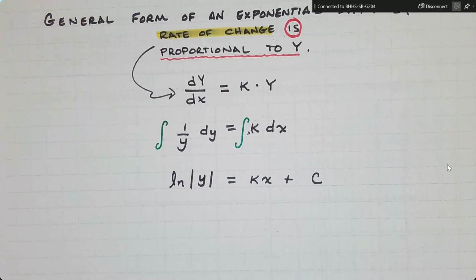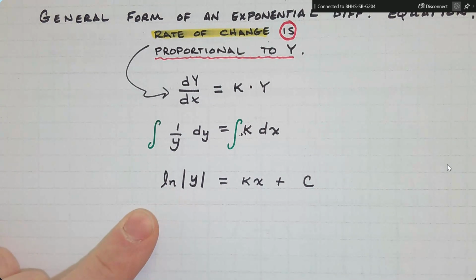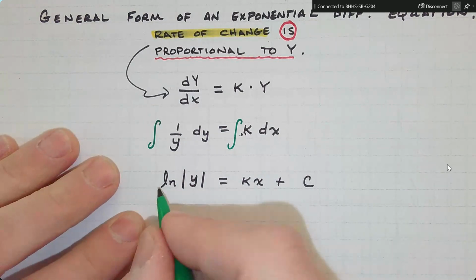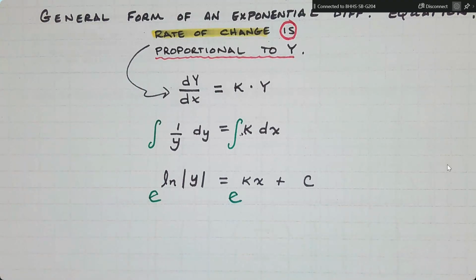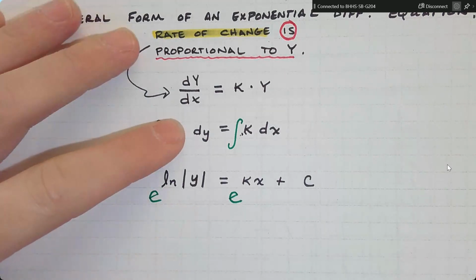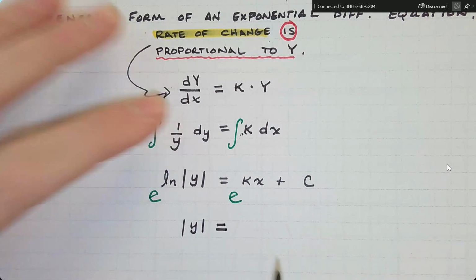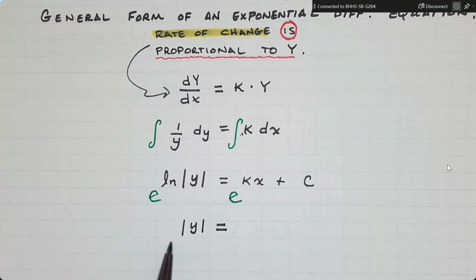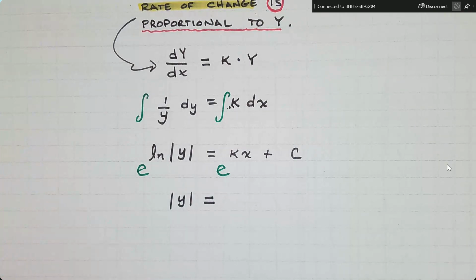Okay, so we got it to here. We need to get that y by itself. Oh, there's a natural log sitting in front of it. So on both sides, we're going to do e raised to the power. On the left side, that's going to simplify to the absolute value of y. You need to hang on to that absolute value. On the other side, some interesting stuff is going to happen.